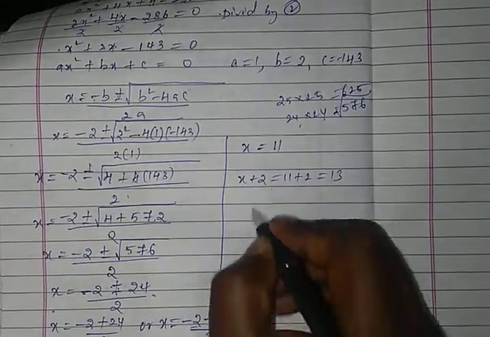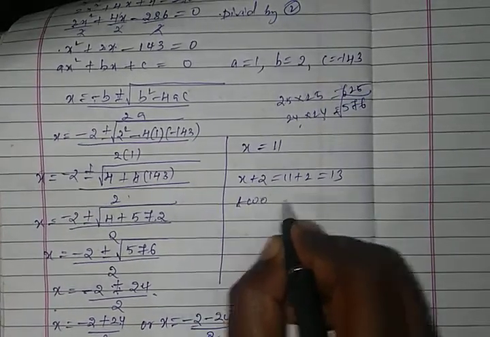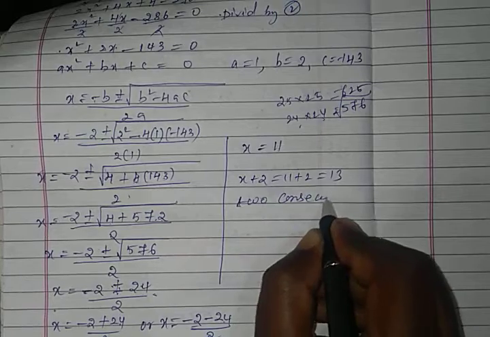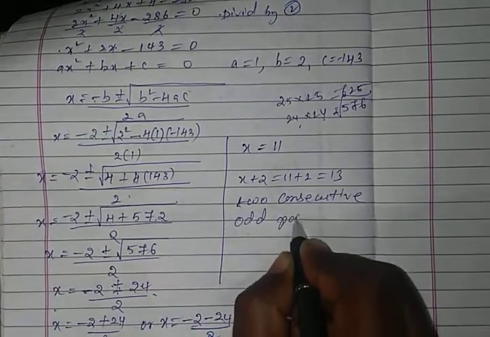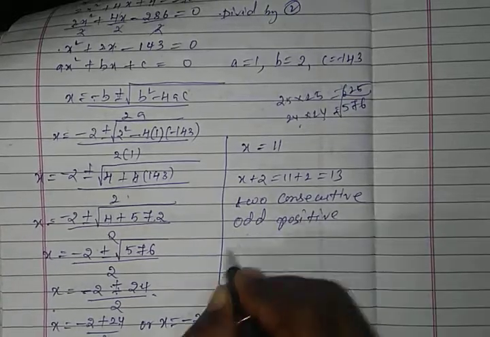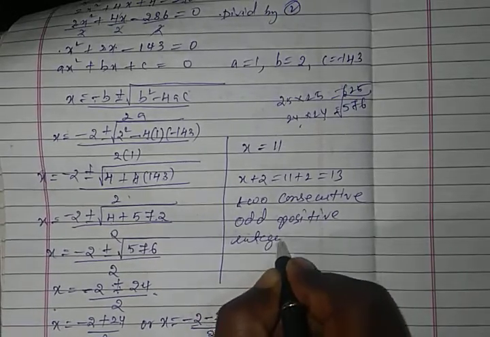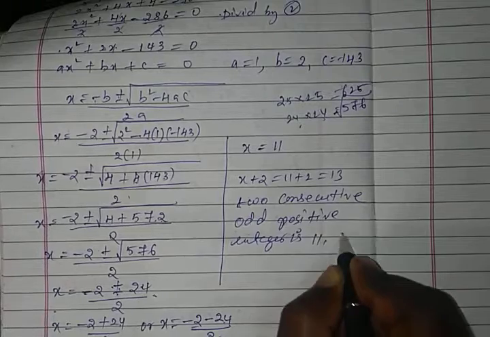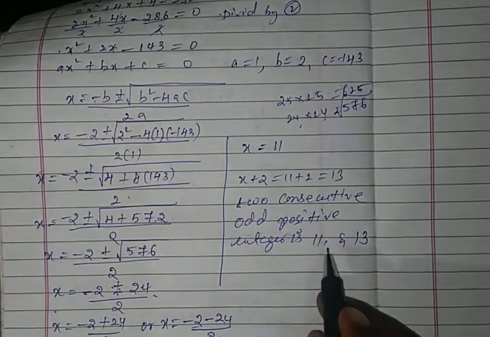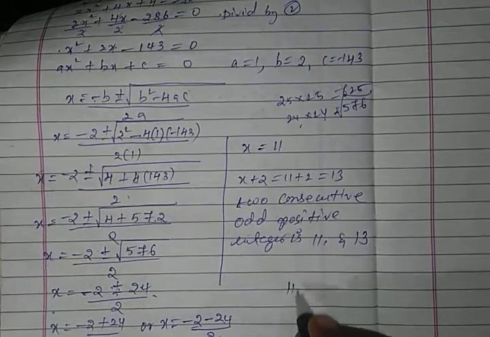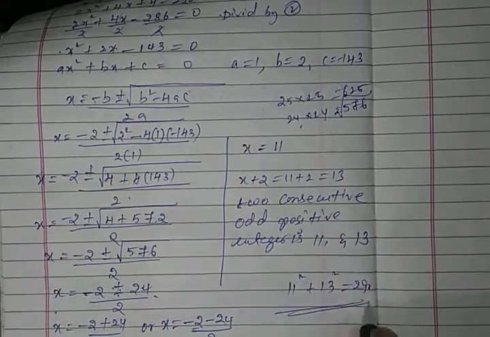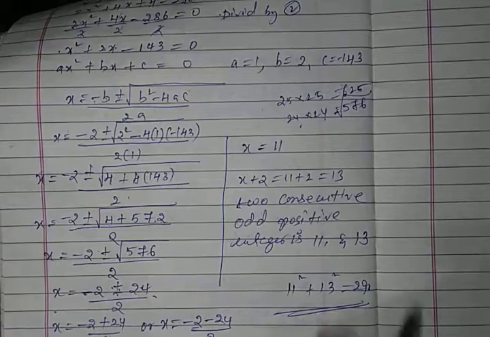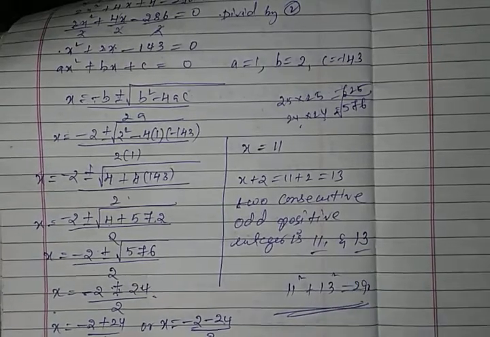So the two consecutive odd positive integers are 11 and 13. You can verify: 11 square plus 13 square is equal to 290. So this is the verification. So the two numbers are 11 and 13.